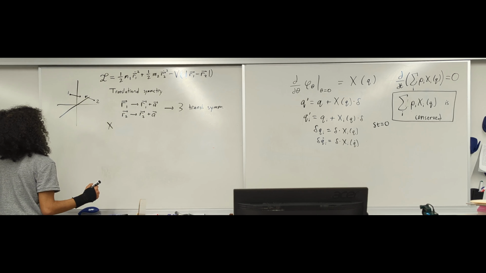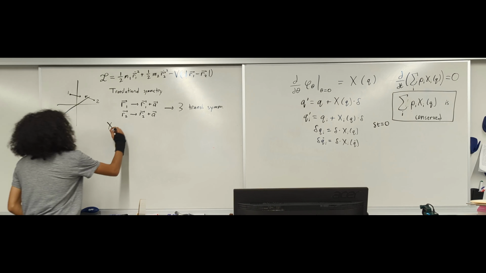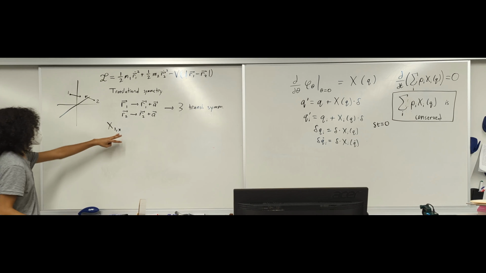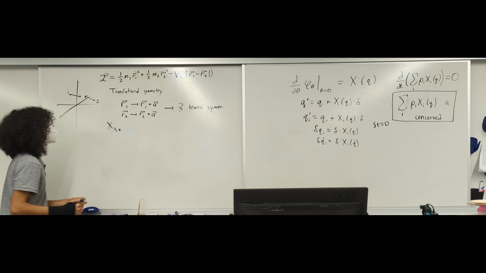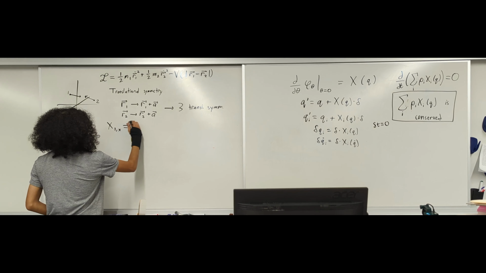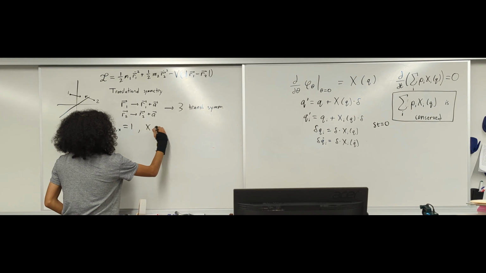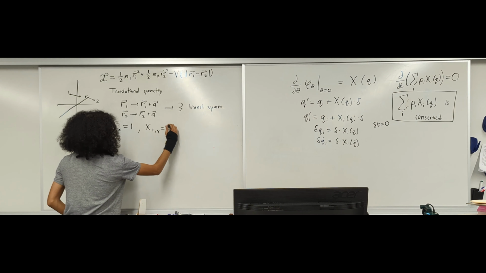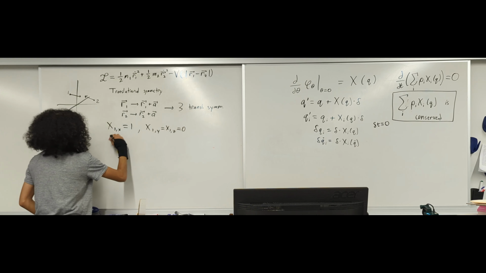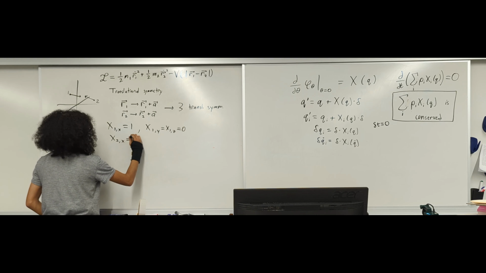Or maybe I'll just do it this way, like 1x, if that's okay. So this is the first particle in the x direction. Let's say we're translating along the x direction. Then this is 1, and then the other 2 are 0. And then for the second particle, we get pretty much the same thing.